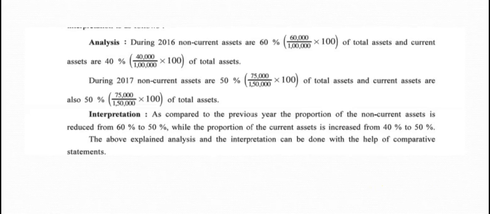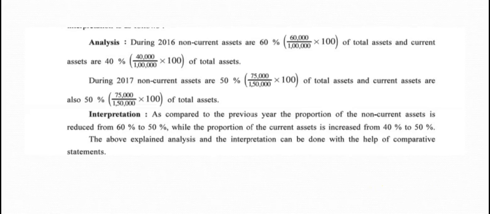How come this 40%? Total current assets are 40,000 out of 1 lakh of total asset. So 40,000 upon 1 lakh into 100 gives you how much? 40%. So in 2016, 60% are the non-current asset and 40% are the current asset. But when we talk about 2017, non-current assets are 50%, because total assets are 1,50,000 and non-current assets are 75,000.